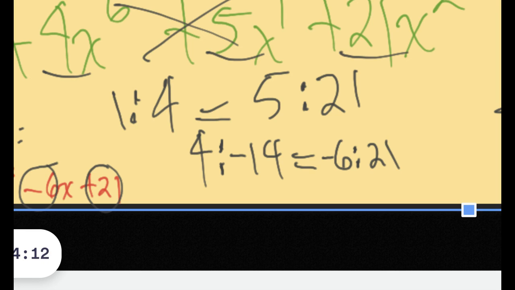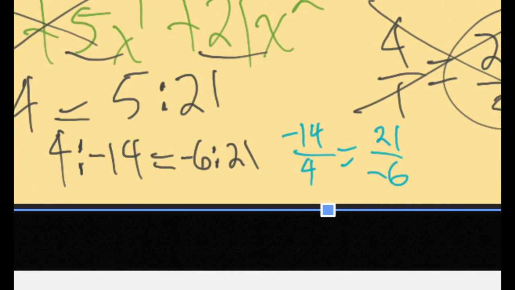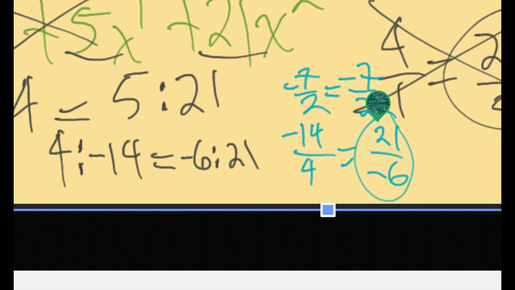Again, you can divide the larger one by the smaller one, and then just get simplified fractions. That would be negative 14 divided by 4. Does that equal 21 divided by negative 6? And if you check, again, if you reduced it to lowest terms, you'd have negative 7 over 2. For that one there, you divide the top and bottom by 3, and that would also be negative 7 over 2, or 7 over negative 2. So this one, yes, you can use factoring by grouping.